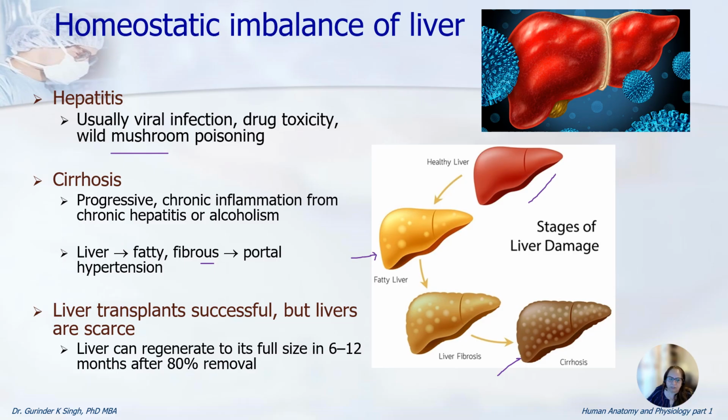Cirrhosis is when the function is almost gone, and liver cirrhosis can happen because of alcoholism, or chronic inflammation from chronic hepatitis, etc. And the liver can regenerate itself. So liver transplant is done, and one healthy liver can be given to 3 patients depending upon the condition of the donor liver, and then it can regenerate itself to full size within a year or so.